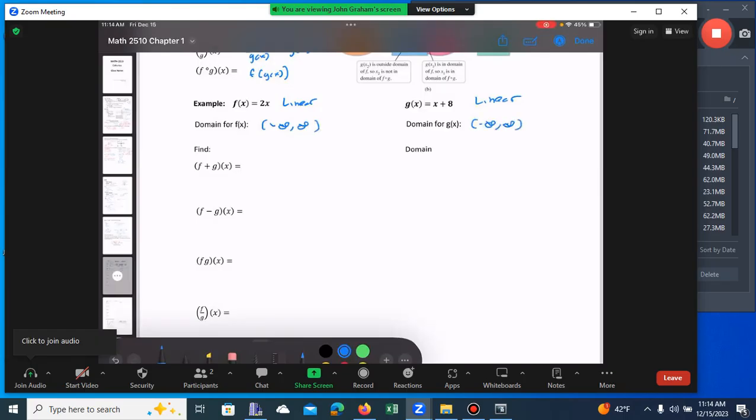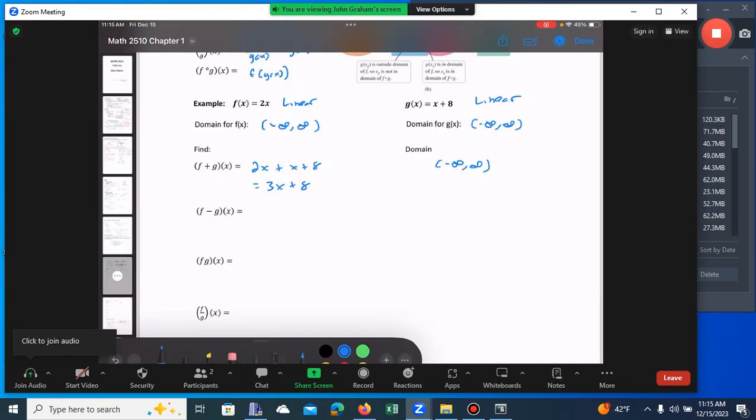So if we do f plus g of x, 2x plus x plus 8, and we simplify it down, 3x plus 8. Your domain with the composition, there's no restrictions, it's just linear itself, so your domain doesn't change. It's still all real numbers, negative infinity to infinity.